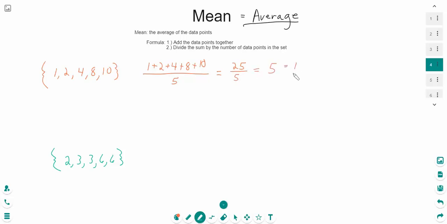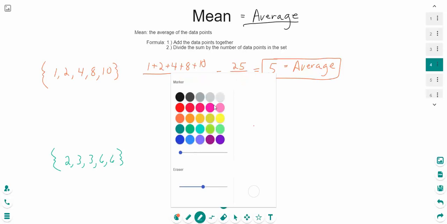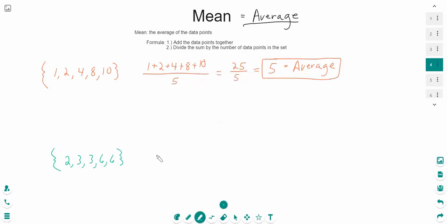So the 5 is the average. All right? And for our friend down here, his average is going to be the 2 plus the 3 plus the 3 plus the 6 plus the 6, all over, again, 5, because we have 5 data points. And so we end up with 6, 8, and 12 is 20 over 5, which is going to give us an average of 4.